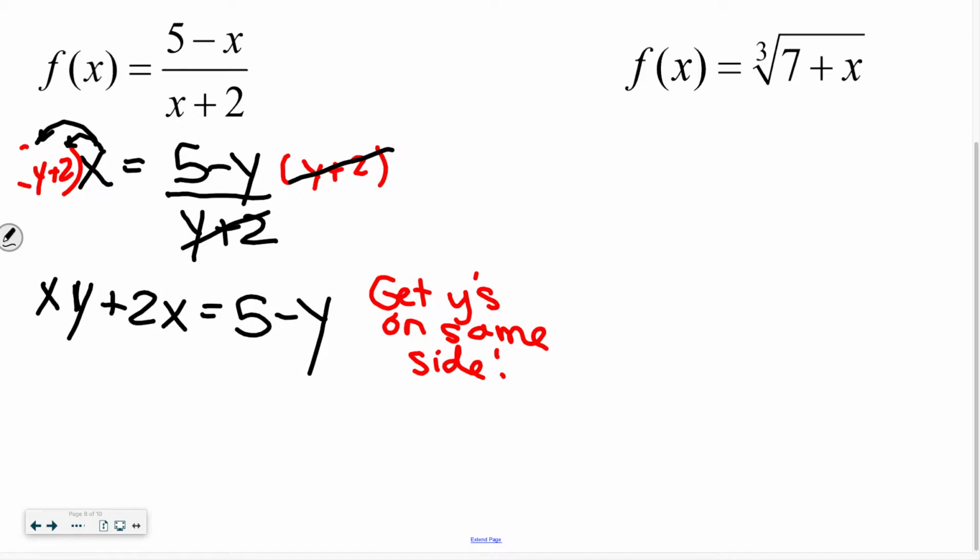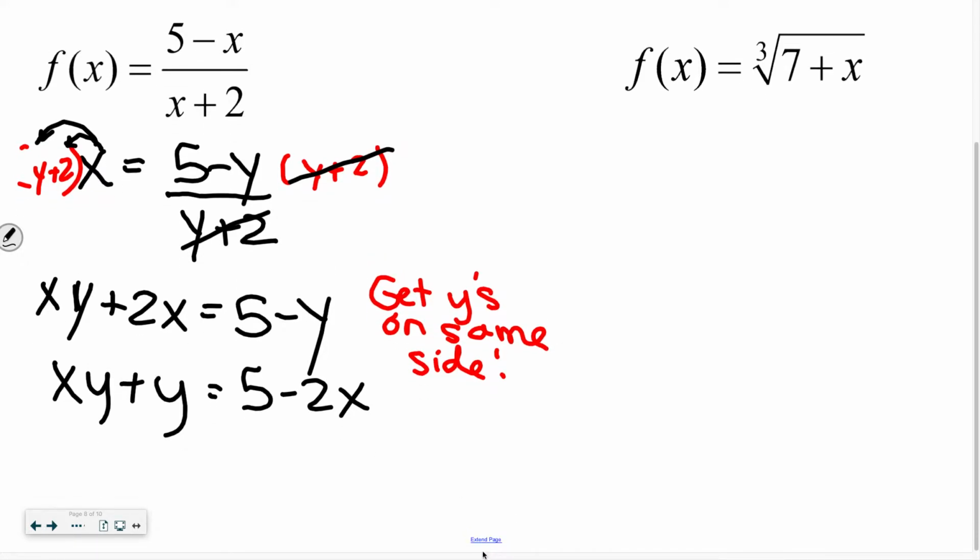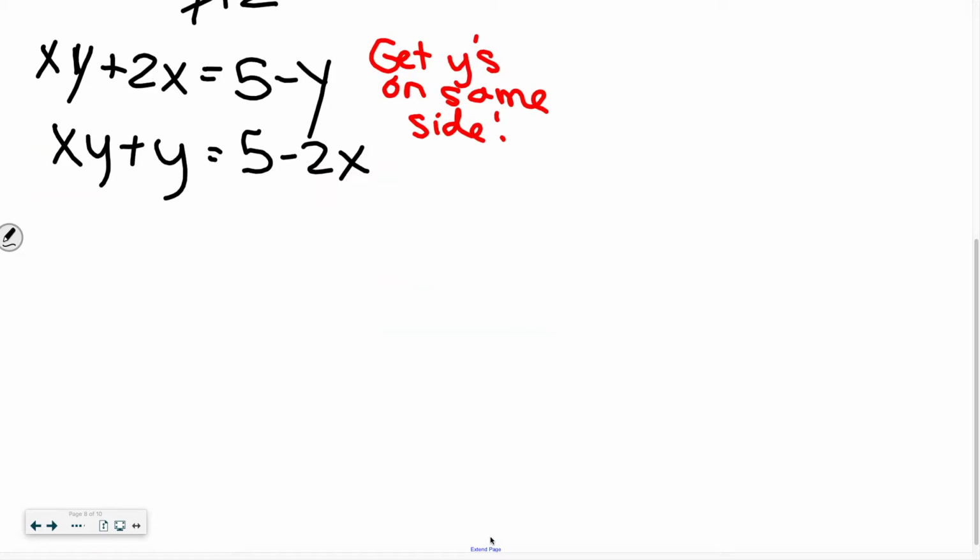So I'm probably going to add this y over, call it xy plus y. And then this 2x doesn't have a y, so I'm going to move it to the other side. Call it 5 minus 2x. Is everybody okay with my rearranging? Let me know if you have a question. Why did I rearrange? Because if I'm solving for a variable, I need it to be on the same side of the equal sign.